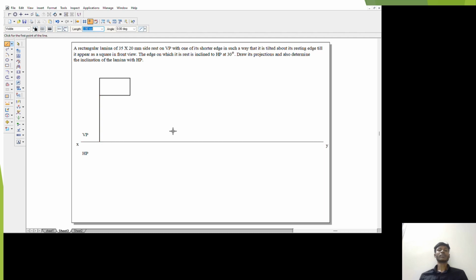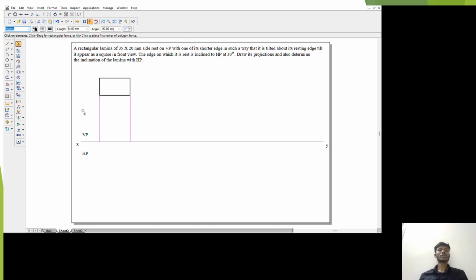Then make it a visible line as a normal line, and draw a projection towards VP. Then make it a visible line as a normal line.